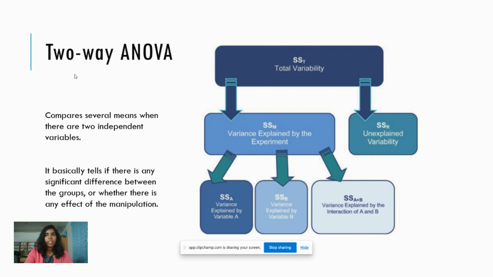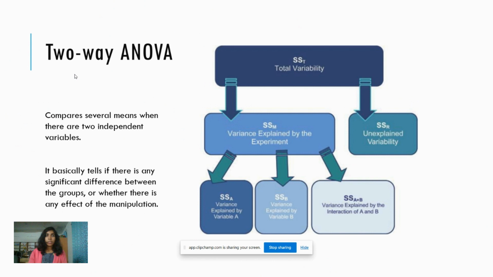Basically, we are going to check the variability between groups. Usually, there is systematic variance and unsystematic variance, or variance explained by the experiment and unexplained variability. Let's say it's just two different groups. Whether there is a difference between the two groups which is caused by that particular variable, if we believe that variable is causing the difference between these two groups, then we call it systematic variance.